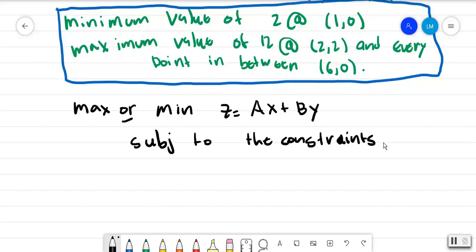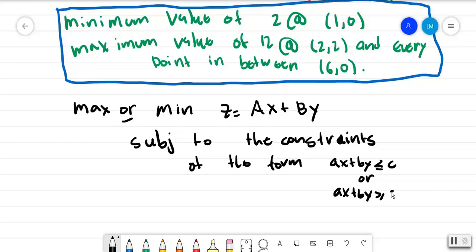The constraints typically depend on the scenario. They could be of the form ax plus by is less than or equal to c, or ax plus by is greater than or equal to c.